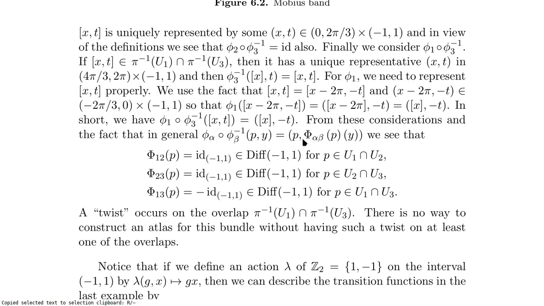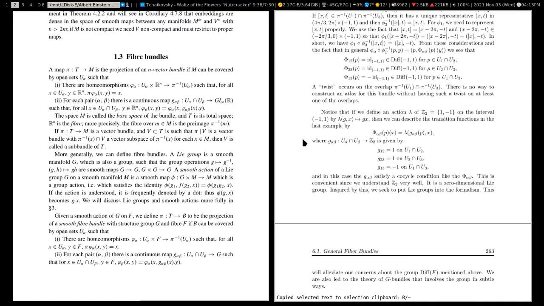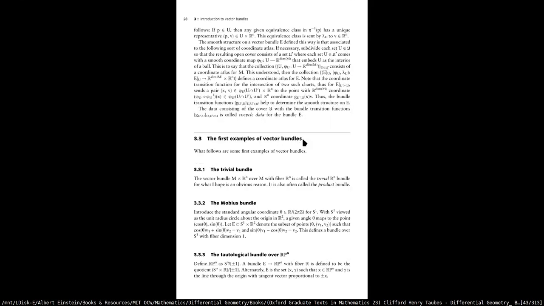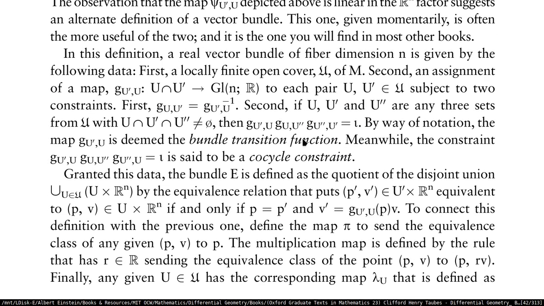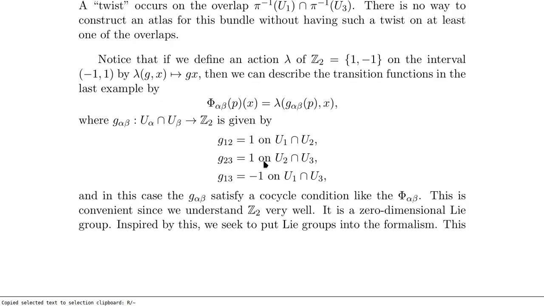So here he'll probably check everything that we defined in the last book. If you see in the definition itself, he defined the bundle transition function, gu prime, gu whatever. But here Jeffrey is checking it manually, right?